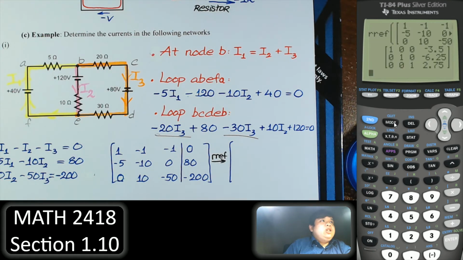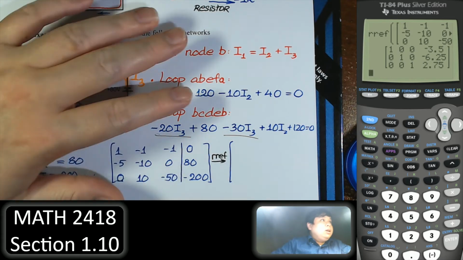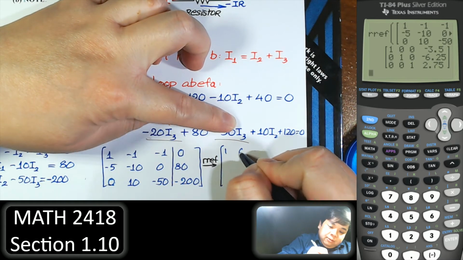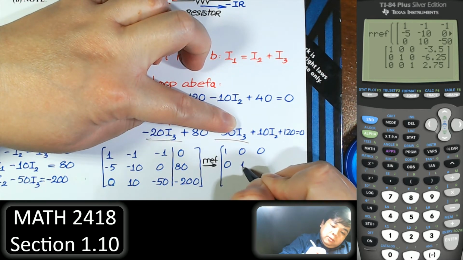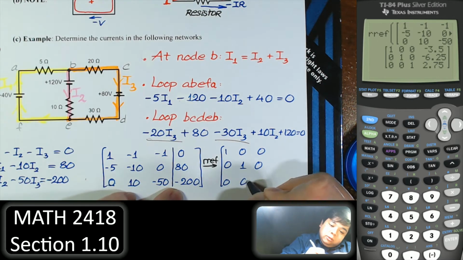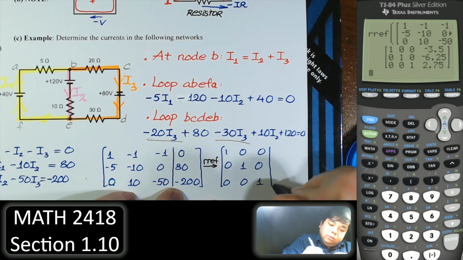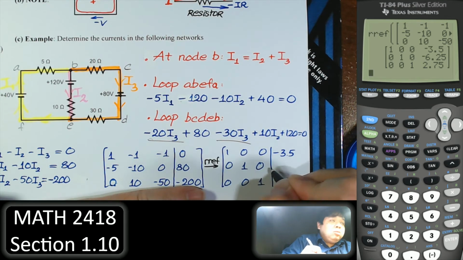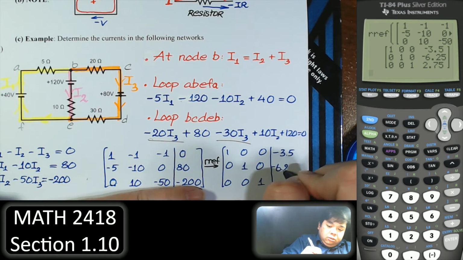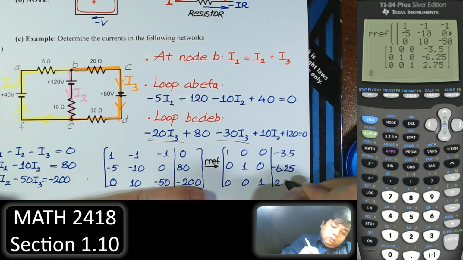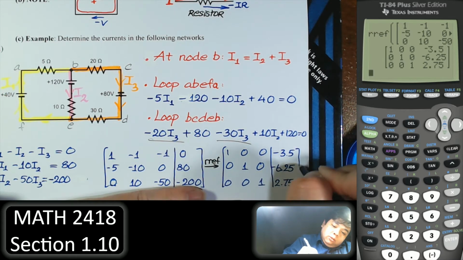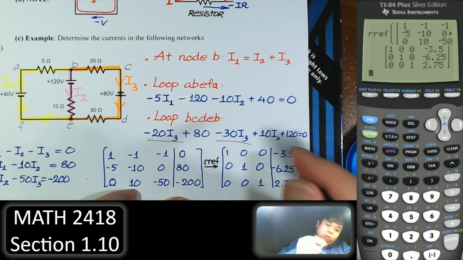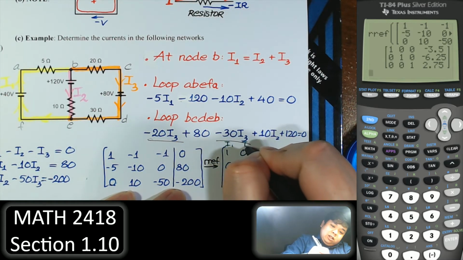Actually, just leave the fraction. Right, so we have I1, I2, I3.